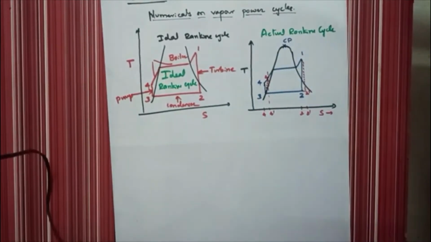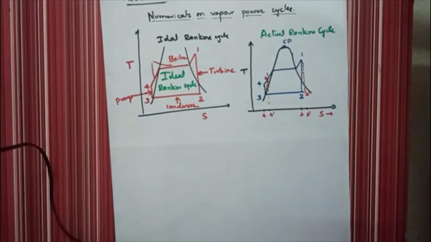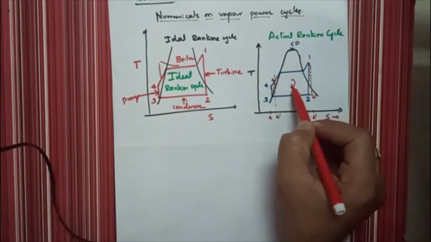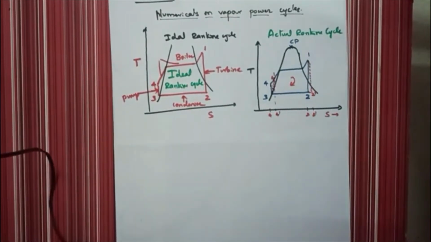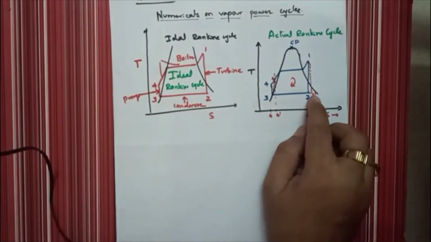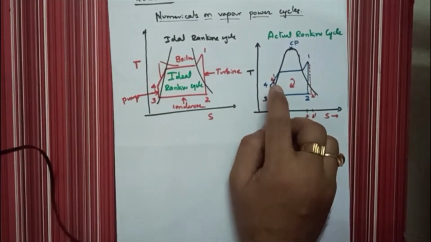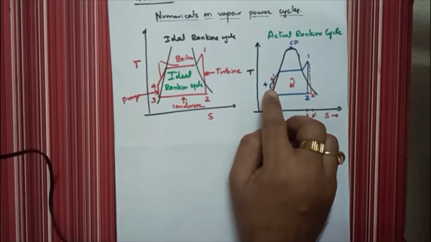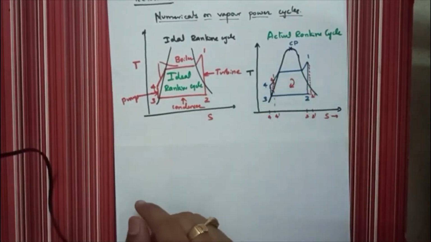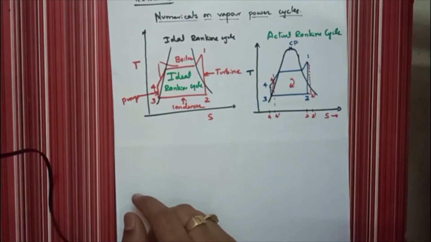This is the difference. The remaining everything is the same. So here it is the actual Rankine cycle. So the only difference is that you will consider the friction loss in the turbine and the friction loss in the pump also. So that is the difference between the ideal Rankine and actual Rankine cycle.